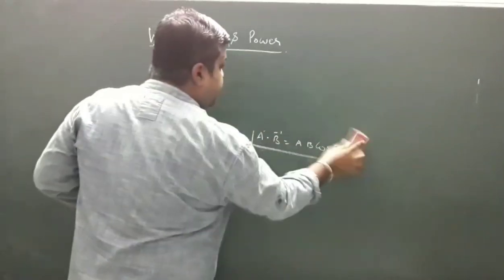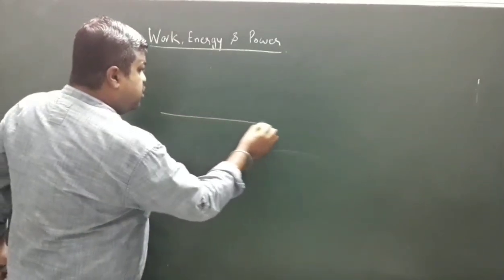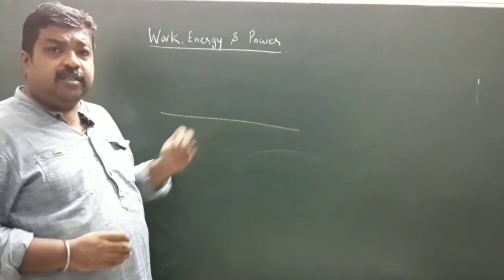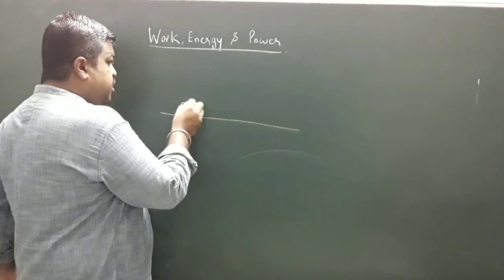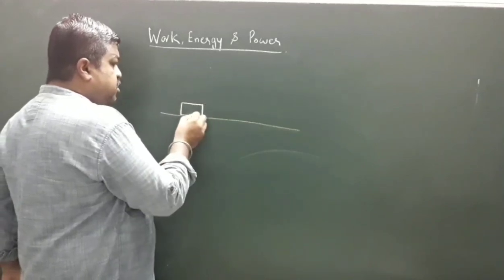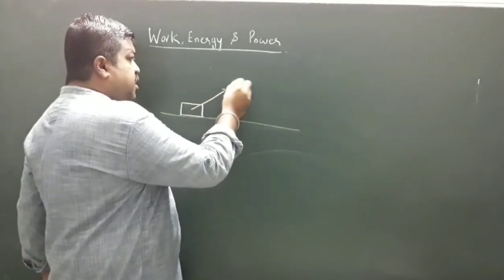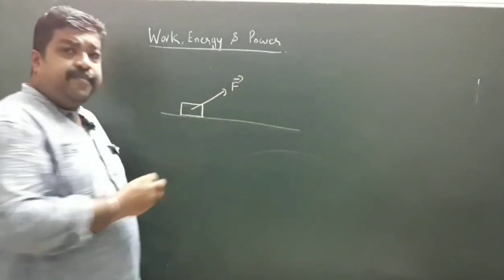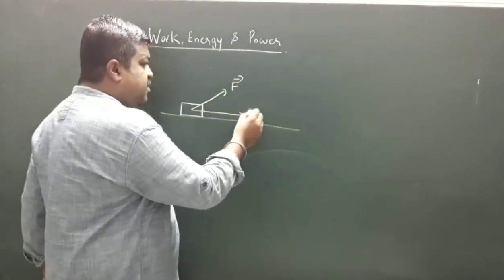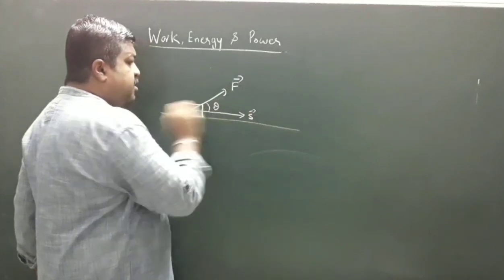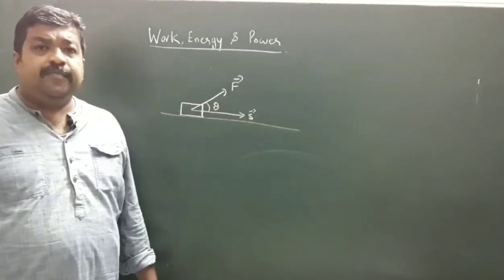Like suppose this is a horizontal surface, assuming the surface is smooth, and this is a block placed on this horizontal surface, and this block is acted upon by a force F, so that this block is displaced in this direction. Theta is the angle between the direction of application of force and the direction of displacement.